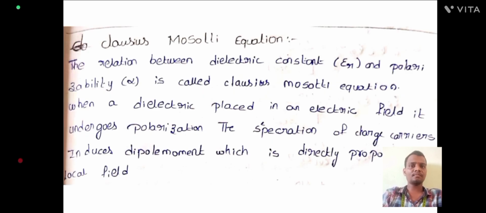Clausius-Mossotti equation. The relation between dielectric constant epsilon r and polarizability alpha is called the Clausius-Mossotti equation. When a dielectric is placed in an electric field, it undergoes polarization.